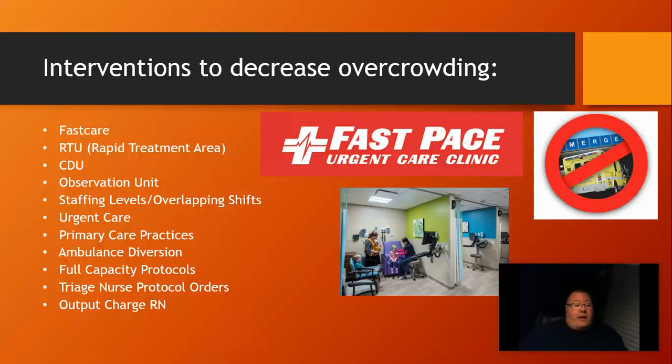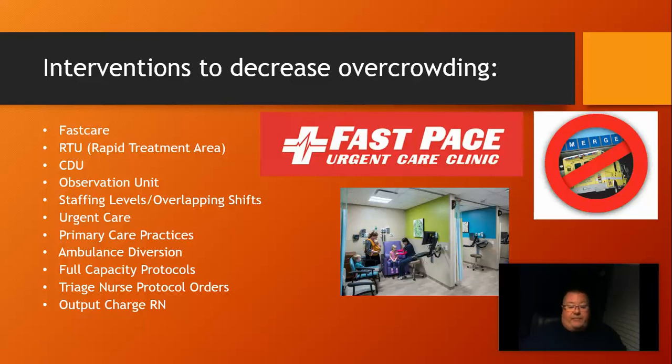Typically once patients are waiting at least an hour and a half, the triage nurses will start putting in order sets specific to complaints, chest pain, CVA, abdominal pain, so that at least the laboratory studies and imaging exams can get started while the patient's still in the waiting room. And then we also put in a second charge nurse who basically just does output of the ED, such as discharges, facilitates inpatient admissions, and transfers out of the ED.